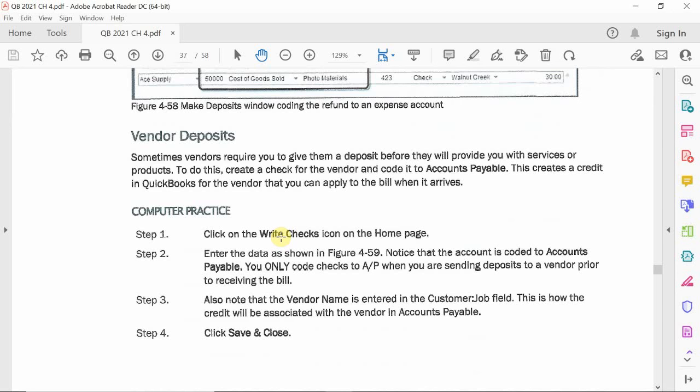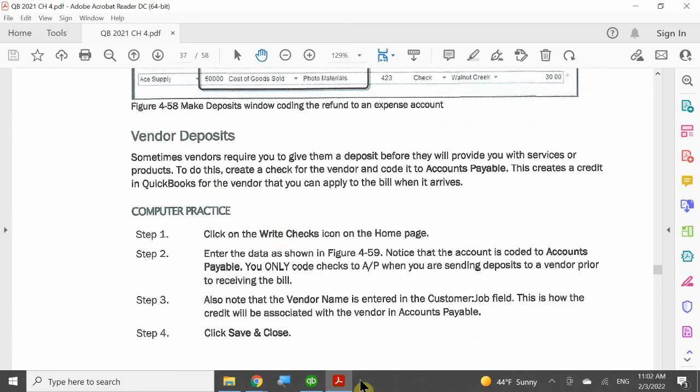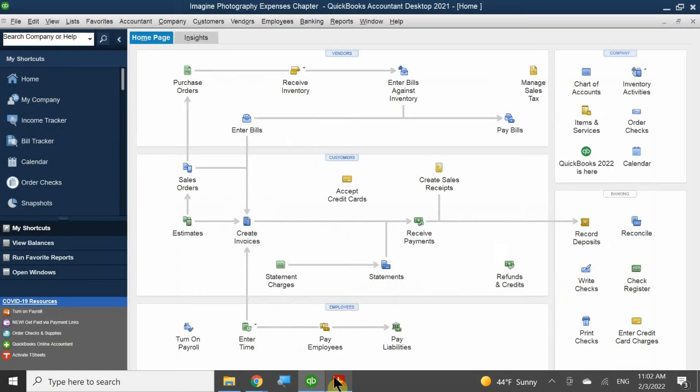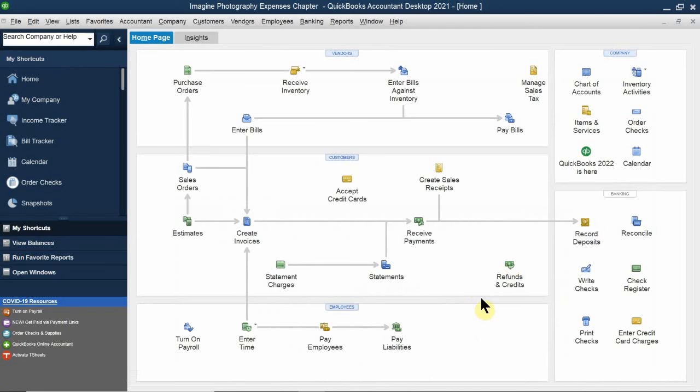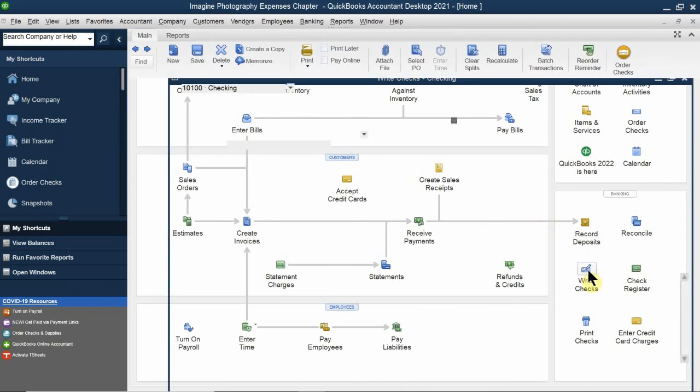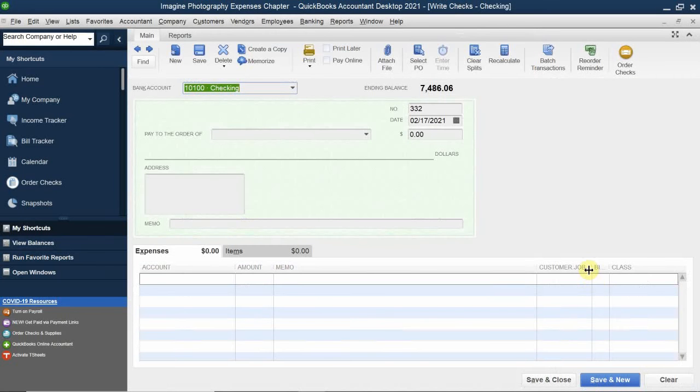We're going to be looking at our vendor, and we're going to look at Rodriguez Rentals once again, because they're going to require a rental deposit. So what I'm going to do here is go ahead and write a check, and I'm going to write it out to, once again, Rodriguez.